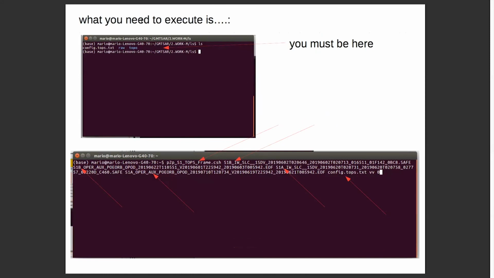You must be here, and then you need to execute this command line, the command for processing in GMTSAR.